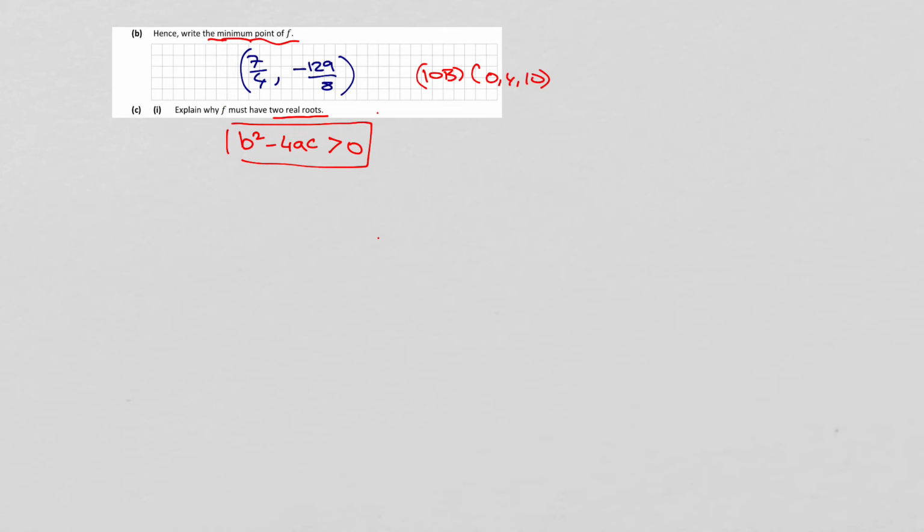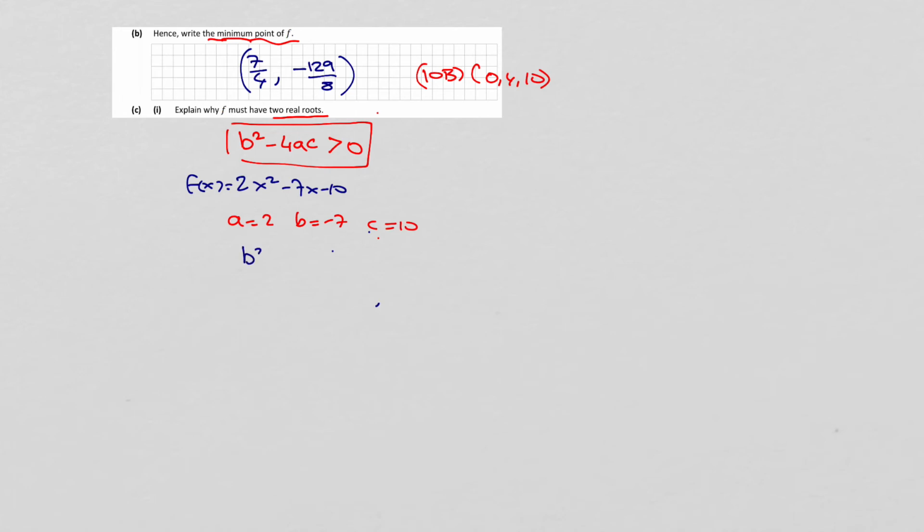That's our discriminant. So if I look at the quadratic, it was 2x squared minus 7x minus 10. And therefore a is 2, b is minus 7, and c is minus 10.